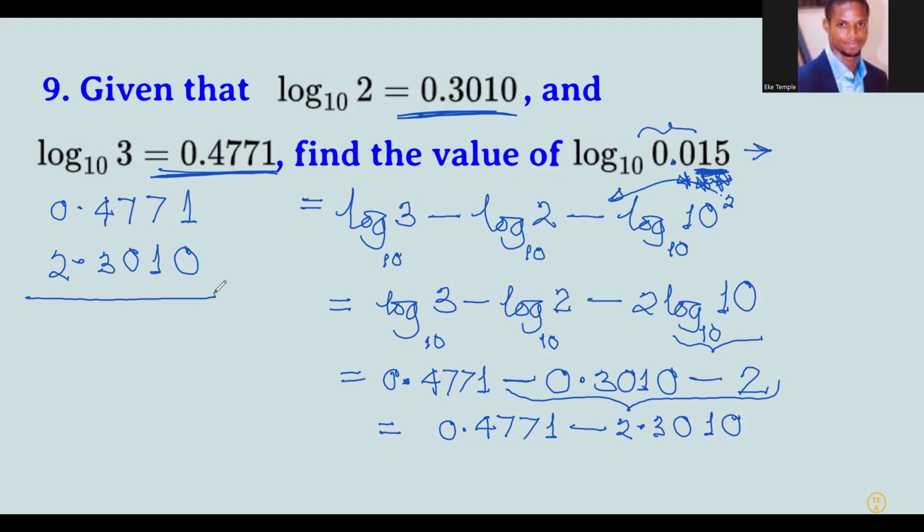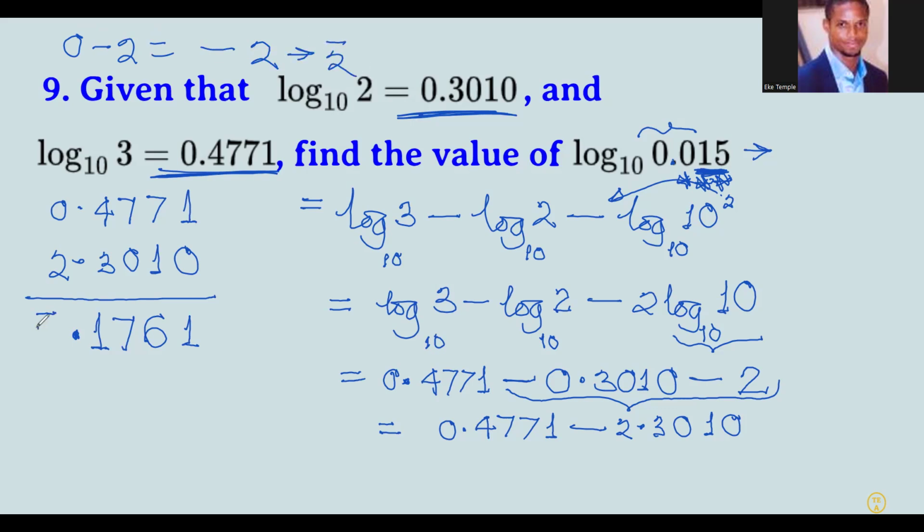Let's subtract. So 1 minus 0 gives us a 1. 7 minus 1, that's 6. 7 minus 0, that's 7. And 4 minus 3, that's 1. Decimal point, maintain. 0 minus 2. Up here, let's see. 0 minus 2 gives you minus 2, which you can write like that. And we have to change this into bar 2.